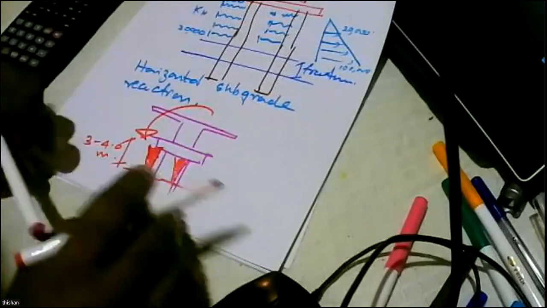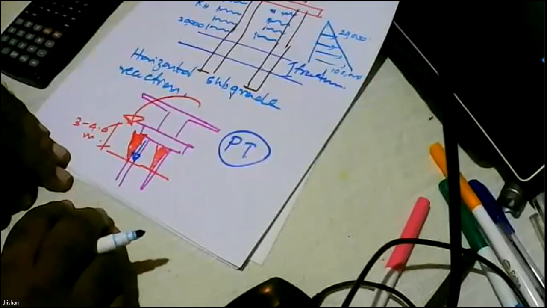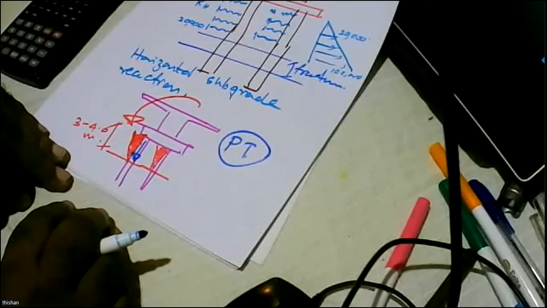And then when you look at the behavior of the pile as a member subjected to axial compression, it's like a pre-stressed concrete member, because any member subjected to axial compression can behave like a pre-stressed concrete member. And we all know pre-stressed concrete members have a huge moment carrying capacity.